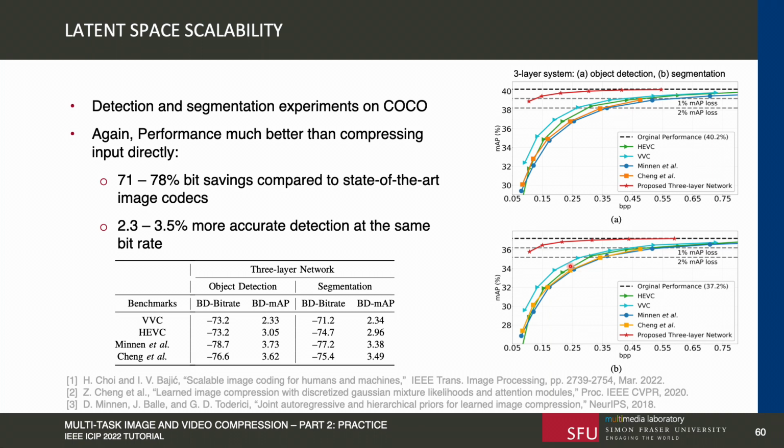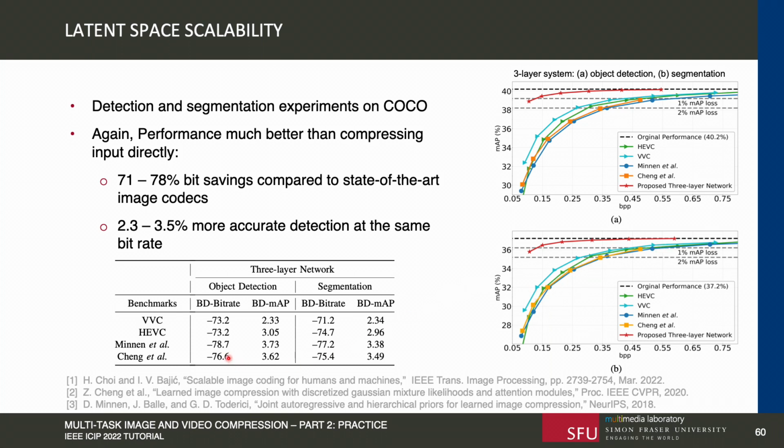In this case, we encode the base layer and the first enhancement layer to accomplish the segmentation task. But again, for a given accuracy, that costs far fewer bits than it would if we were to encode the input and then perform the same task from the decoded output.